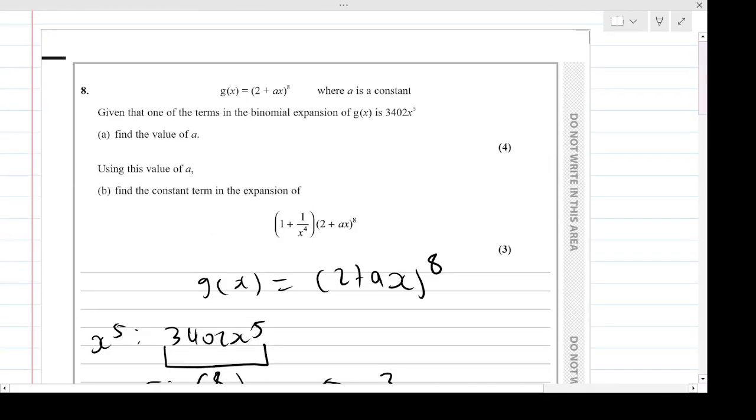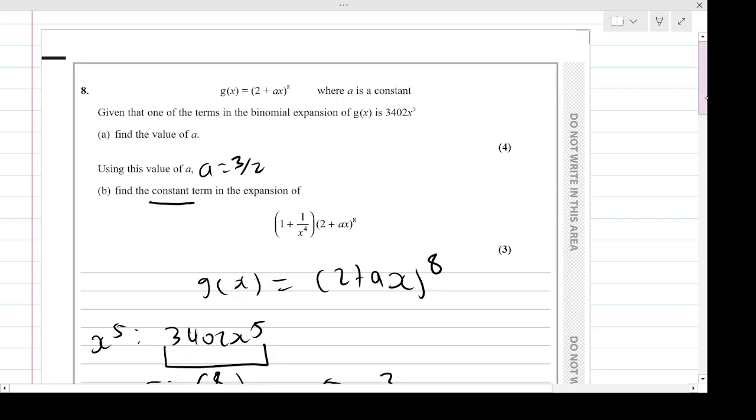Okay, so here we've got part B, and now using this value of a, so again, a was 3 over 2, find the constant term in the expansion of now this bracket here, (1 + 1/x^4) times by the same bracket we dealt with in part A, (2 + ax)^8.